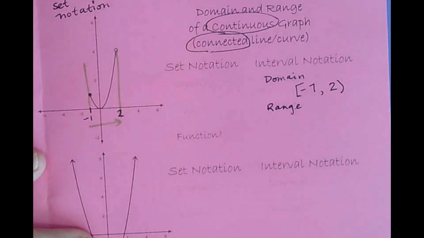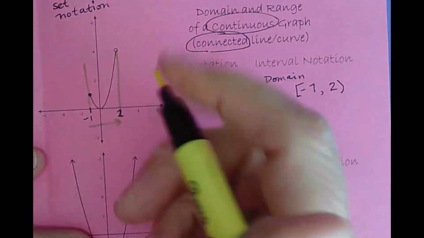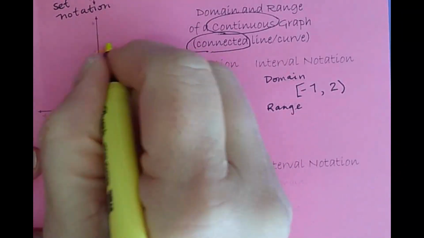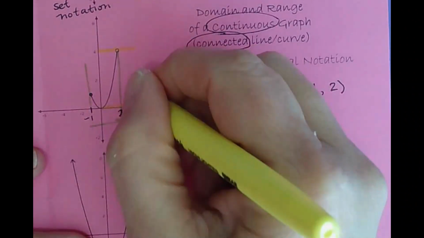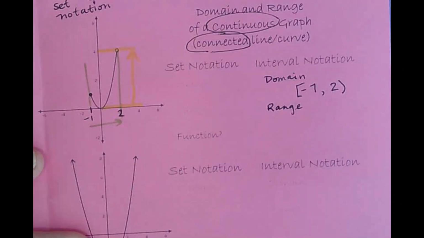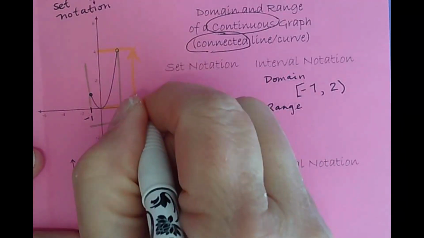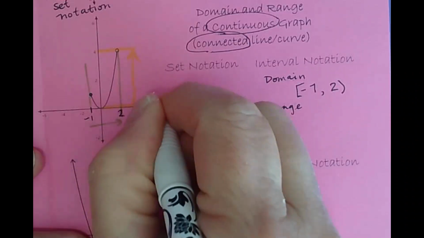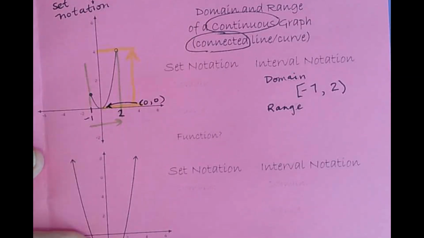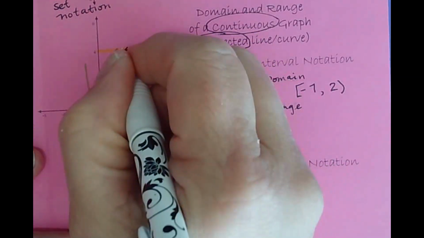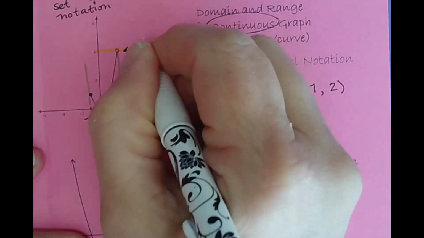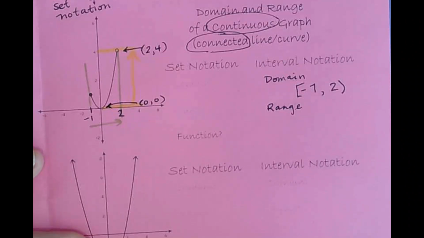For the range, I am describing all of the points graphed from the lowest to the highest. At the lowest, y is 0, and at the highest point, this is 2, 4, y is 4.